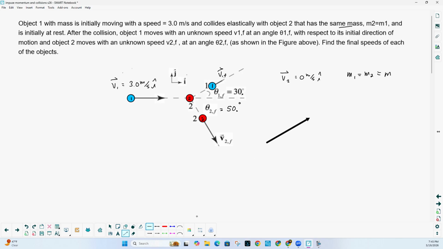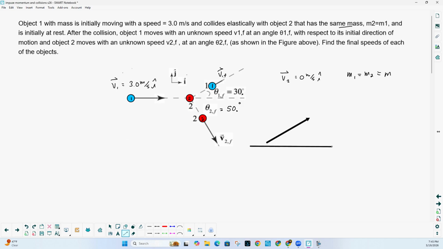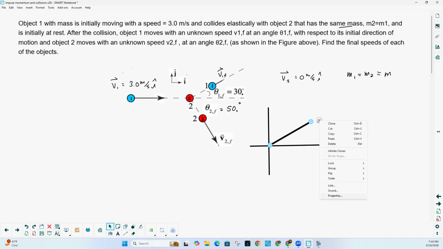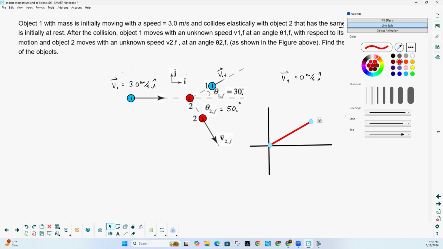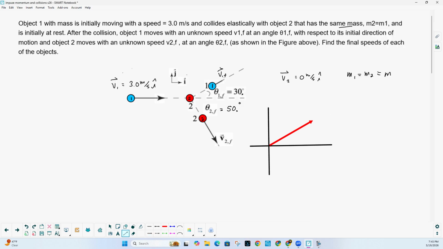I'm going to go ahead and draw the x-axis here and the y-axis. And I'll go ahead and move my vector to match up with my X and Y axes there. I'm also going to change the color here so that we can see it a little bit better. There we go. Okay, now I'm going to go ahead and draw the components. I'm going to make the components a different shade.